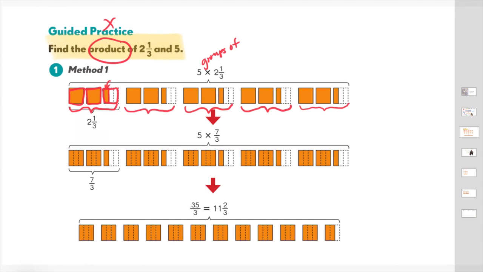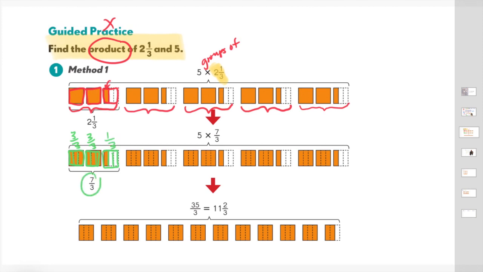So now we want to change that mixed number into an improper fraction. And so what is happening is we're actually taking the wholes and we're turning them into thirds. So now we have 3/3 plus 3/3 plus 1/3.